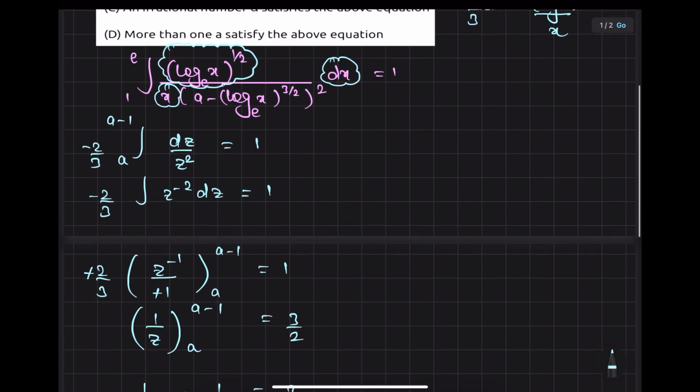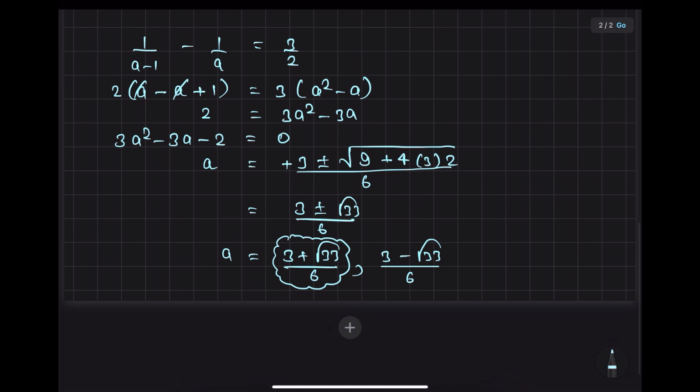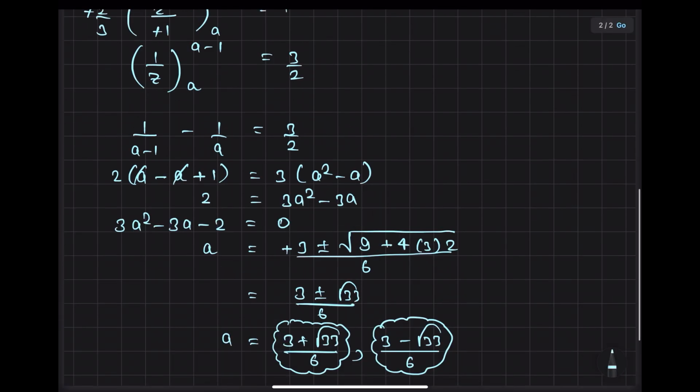So this first value is acceptable. Now for the other one, 3 minus 5.5 becomes minus 2.5, so it's a negative number, and it is also acceptable. We cannot accept a number between 0 and 1. So both values of a are acceptable.